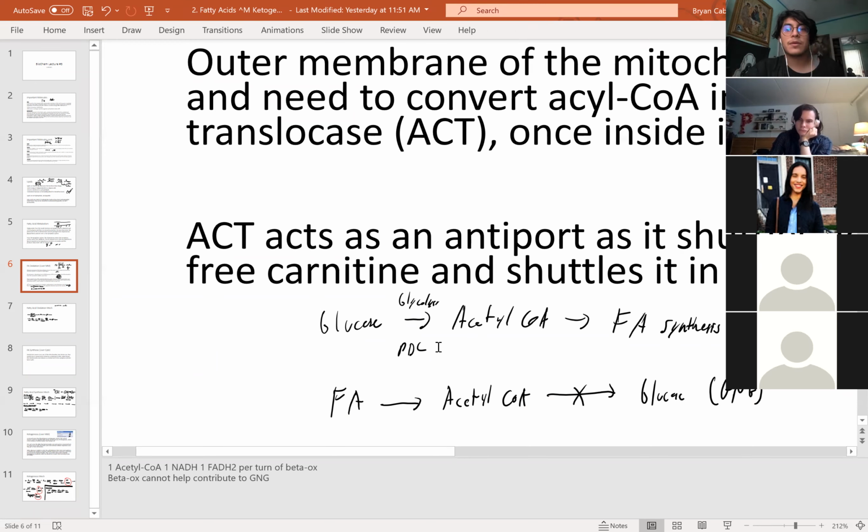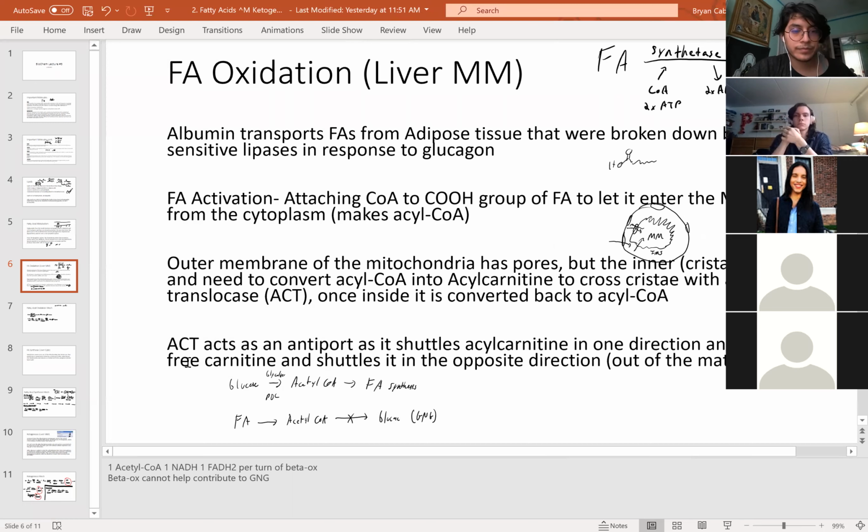So acetyl-CoA cannot be turned directly into glucose through gluconeogenesis. Rather, it's going to have to be introduced as a different intermediate, let's say an intermediate from the Krebs cycle, like oxaloacetate. And once it becomes oxaloacetate, then oxaloacetate can take part in gluconeogenesis.